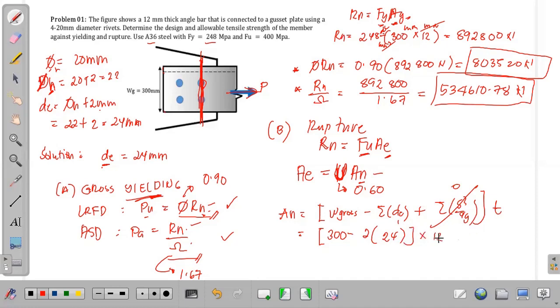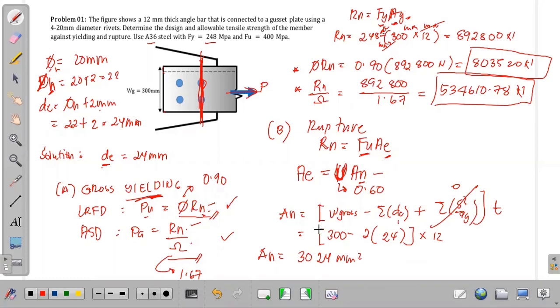So, ang magiging net area natin, ano yung magiging net area natin dito? Area N. Kindly solve for our value for AN. 3024, ma'am. 3024 mm squared. Yan yung magiging AN natin.